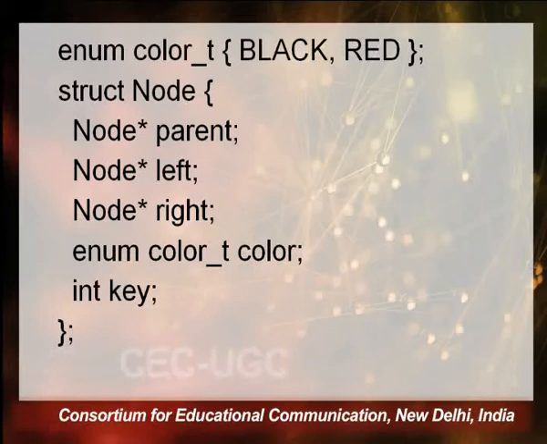But here in the case of red-black trees, one extra bit of information, as I have already told you, will be introduced in order to keep track of color. Because there can be only 2 possibilities, either black or red, this has been coded in the form of an enumerated data type.